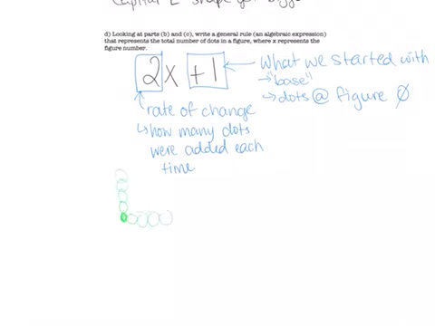So you think, well, why do I have to do this equation when I can just count? Well, what if I give you the extension of, how many dots are in figure 40? Yeah, you could draw, you could count up, but that would take you a long time.